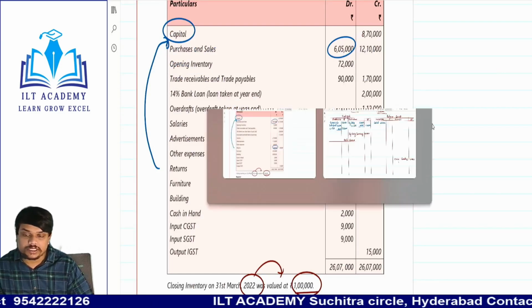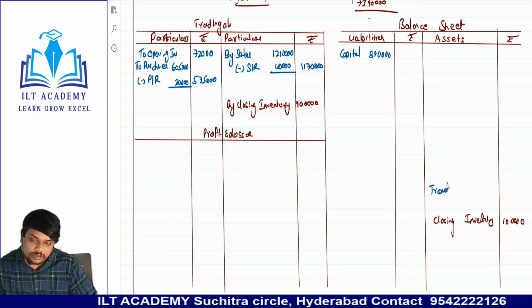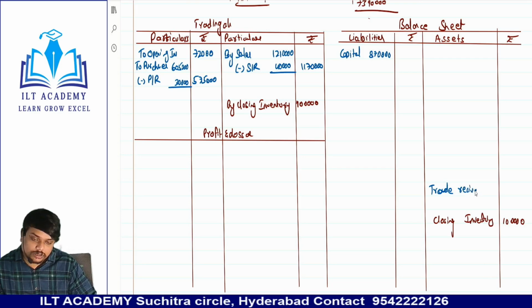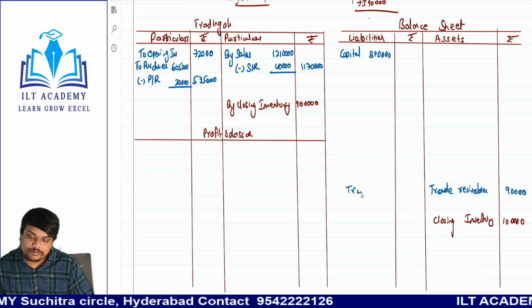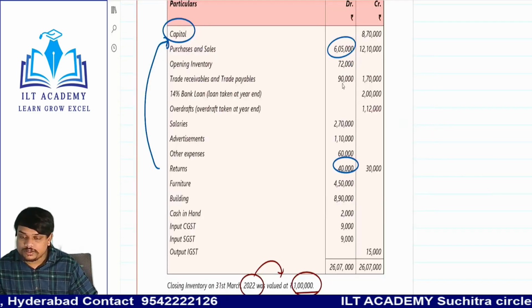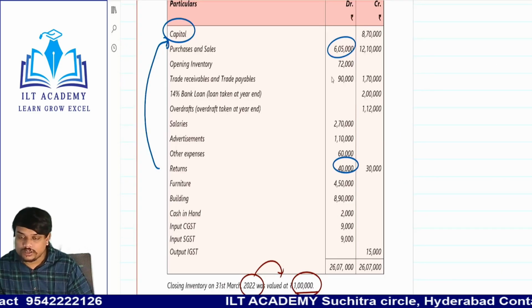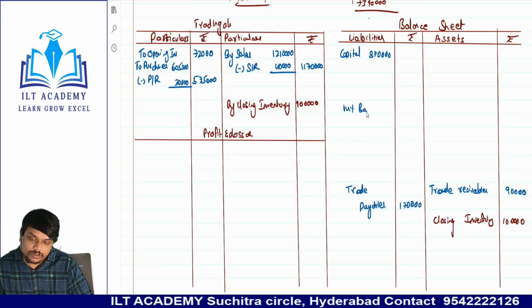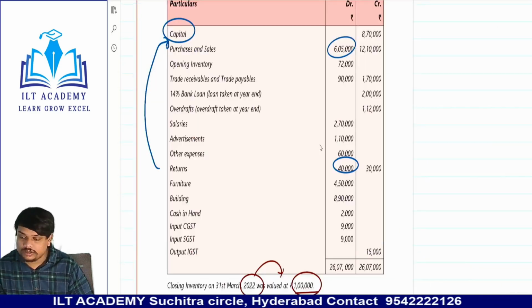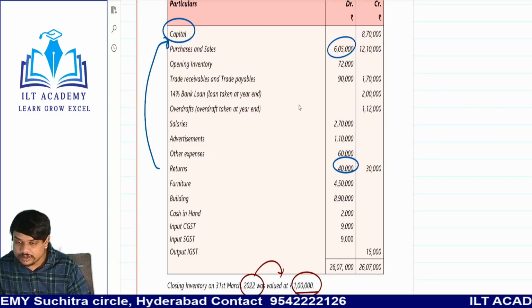Trade receivables and trade payables. Trade receivables are 90,000. Trade payables are 1,70,000. 14% bank loan is 2 lakhs.